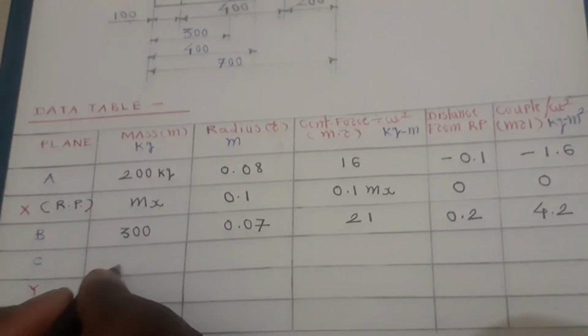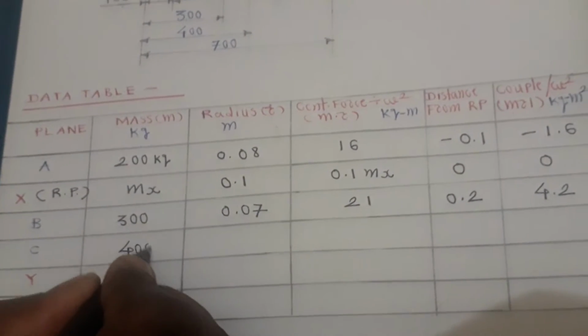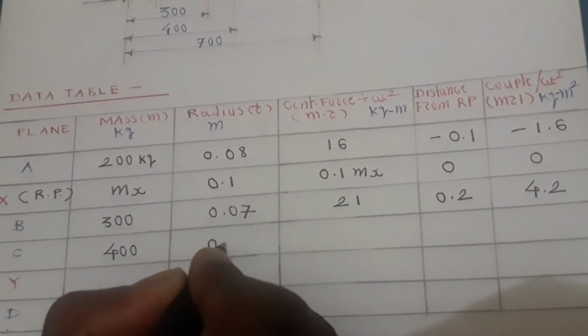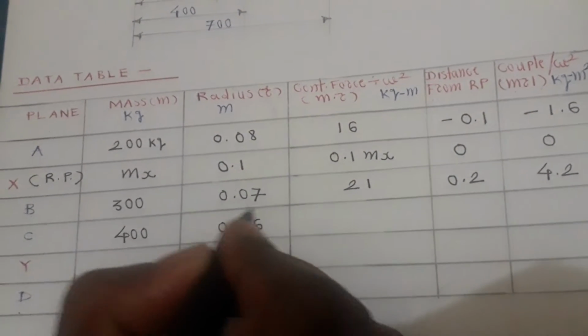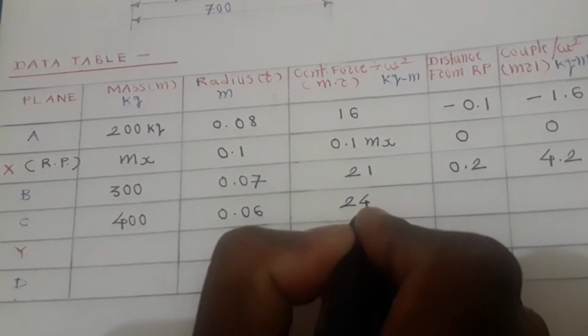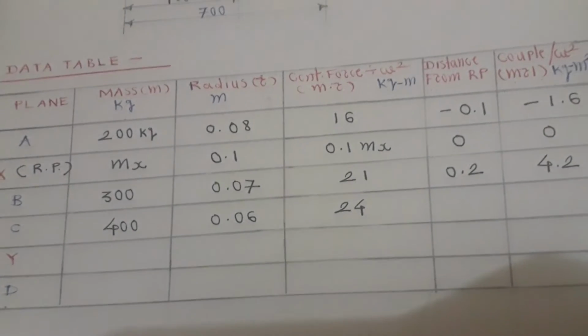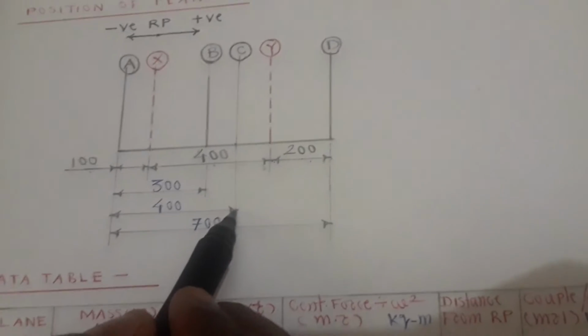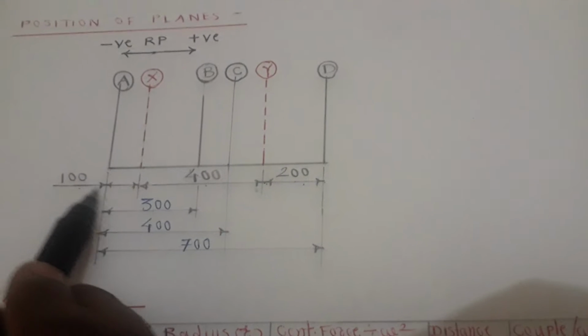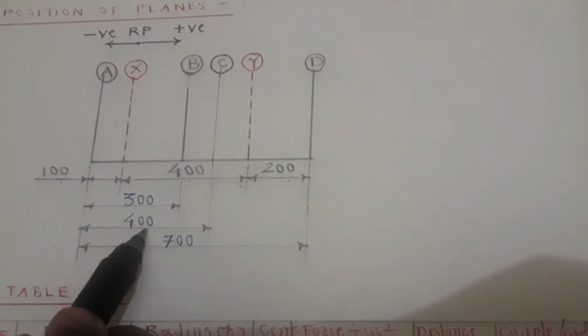For C, it is 400, radius is 0.06. The product of these two will be 24. Now the distance from the reference plane, from A to C the distance is 400, A to X is 100, so 400 minus 100, it means 300.